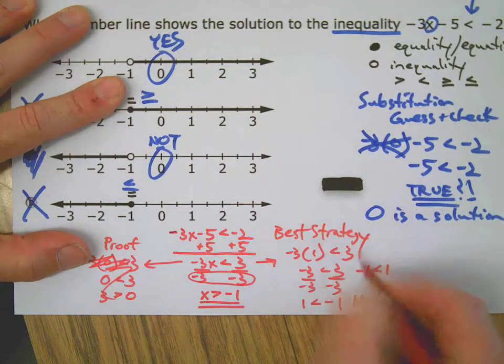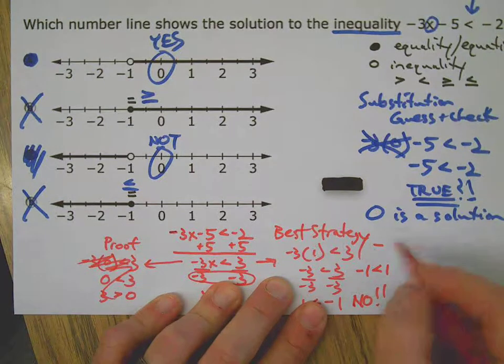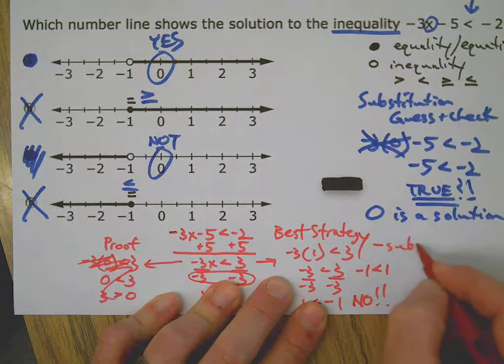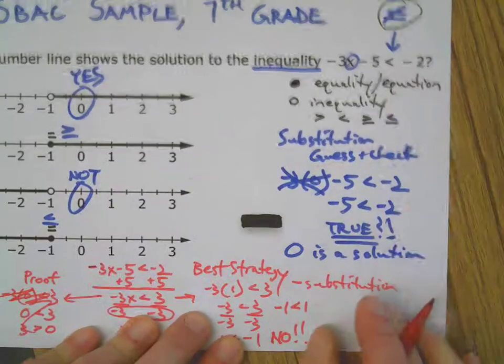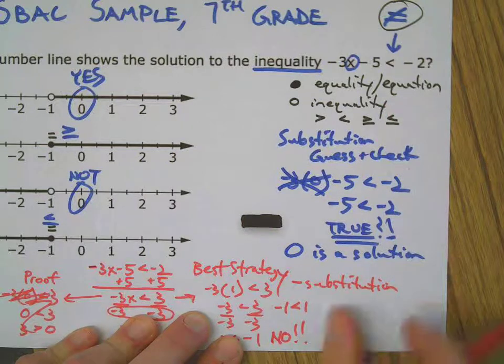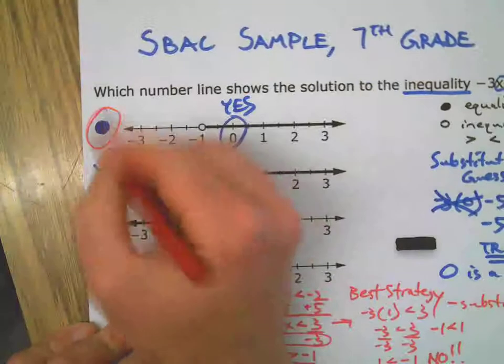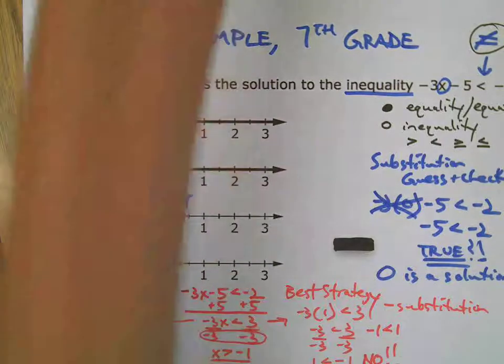Best strategy for an inequality, especially when you're not sure of all the little rules and tricks you learned in class, is do a substitution. In fact, in blue ink up here, the first thing we did, that was the best thing. It ended up being true. Our choice is A here.